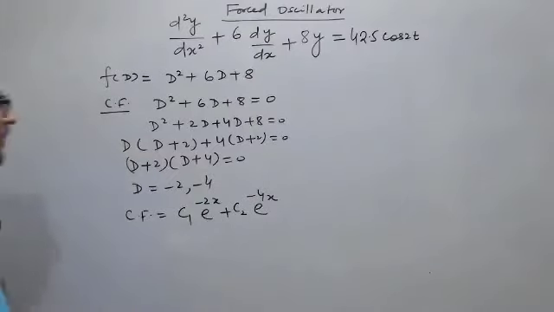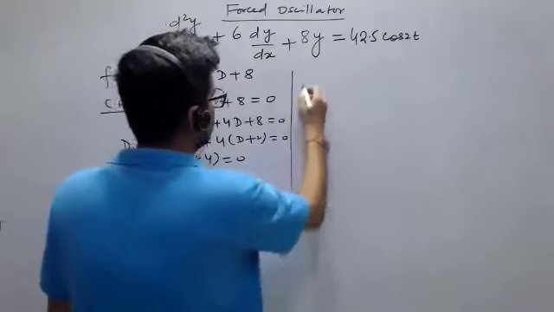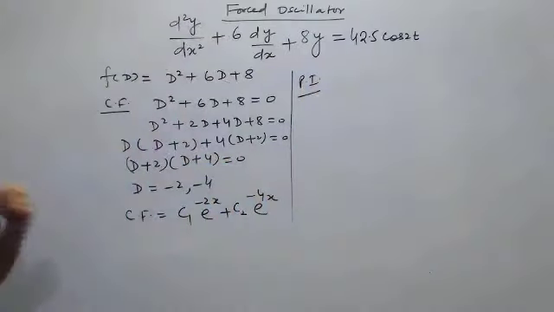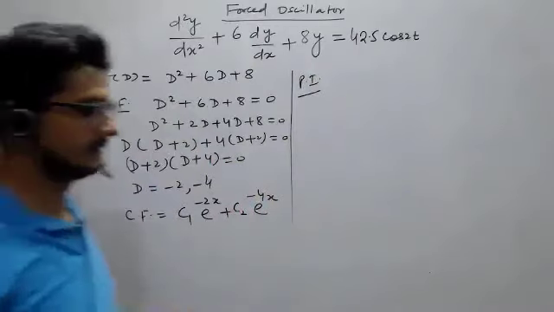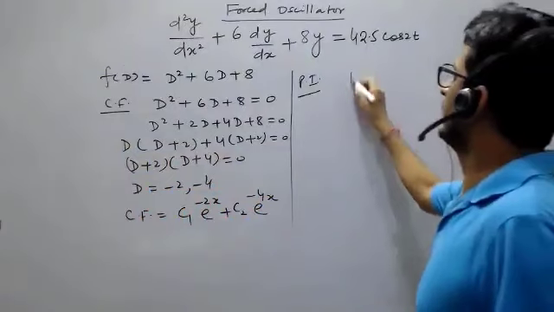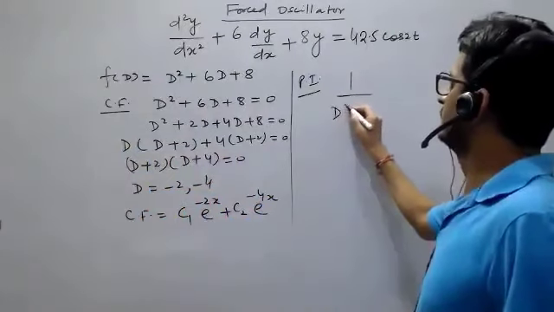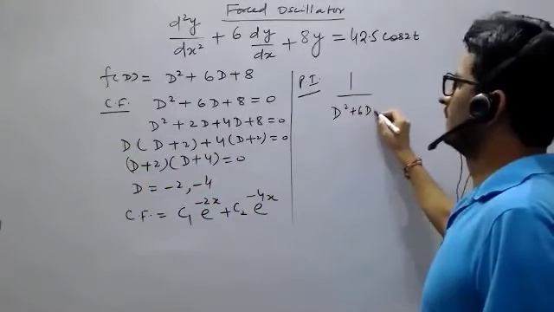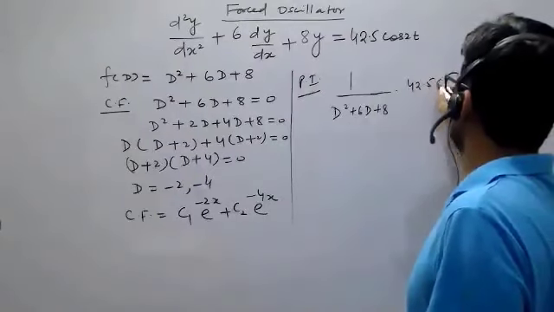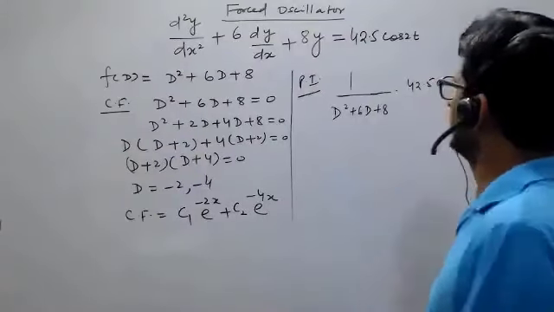Now about the particular integral. Up to this we have already done the complementary function. And now the particular integral will be given by 1 upon D square plus 6D plus 8 into 42.5 cos 2t. This we have to calculate.